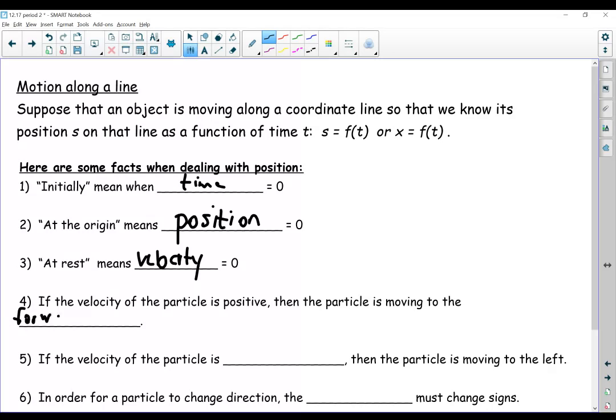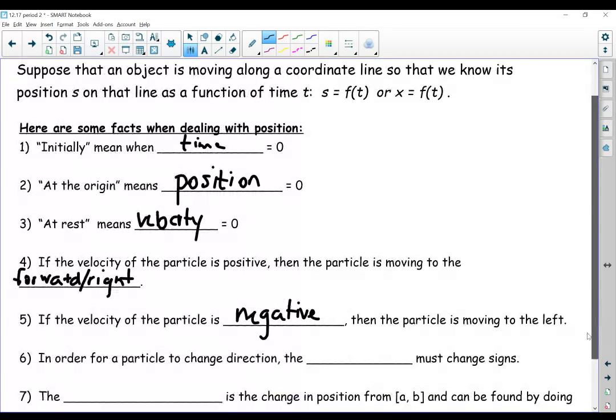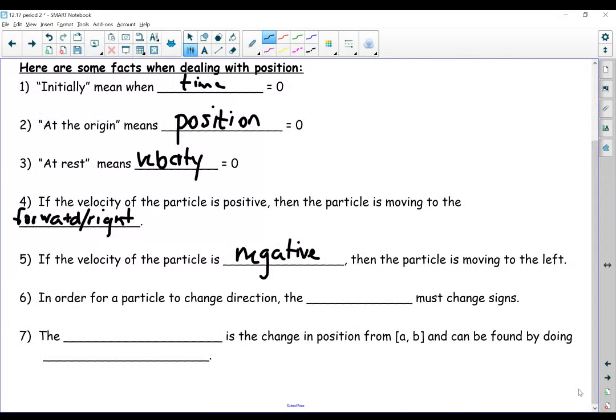If the velocity of the particle is negative, then the particle is moving backwards or to the left. That should sound a little bit like increasing, decreasing, because it's really the same thing. In order for a particle to change direction, the velocity must change sign. So velocity is speed with direction. The sign of the velocity indicates direction.